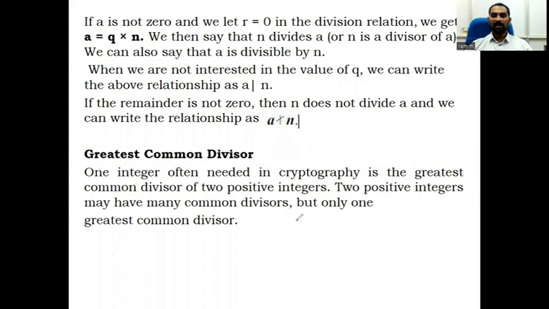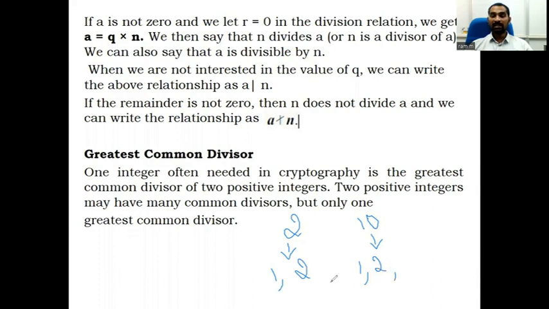For example, if I take two values, 2 and 10, consider we want to find the greatest common divisor for 2 and 10. In mathematics, we write all the divisors of 2 and all the divisors of 10. What are the divisors of 2? 1 and 2 itself. What are the divisors of 10? 1 and 2 can divide 10 exactly.